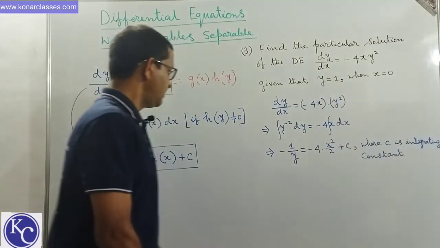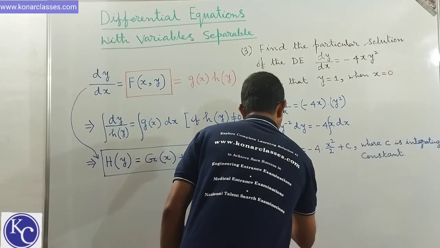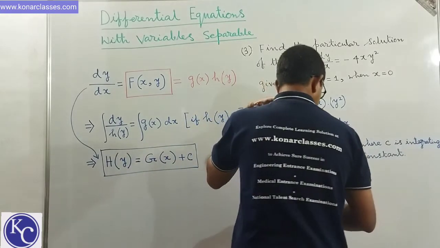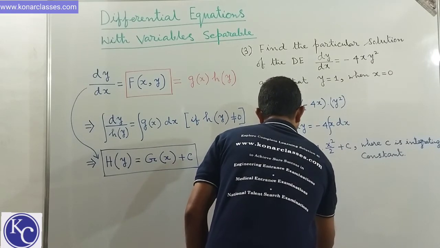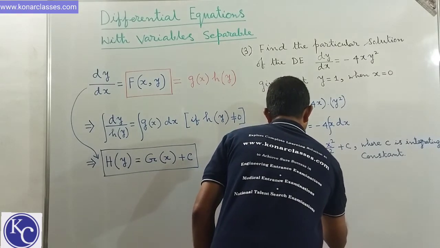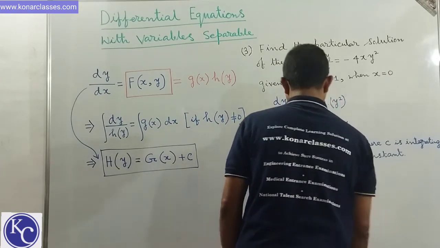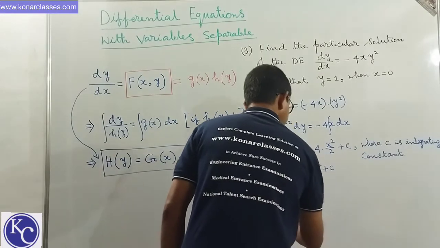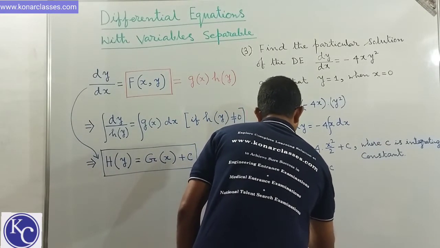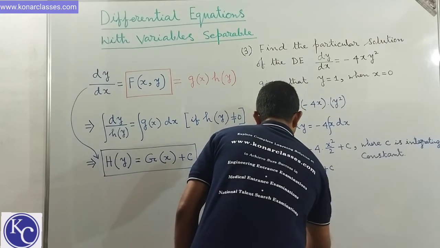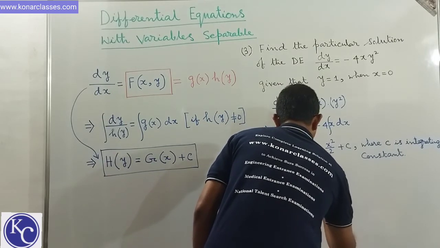Correct? Now let's simplify a little bit. So from here what we get, dear students? We get minus 1 by y is equal to minus 2x square plus c, or we can write from here that 1 by y is equal to 2x square minus c.